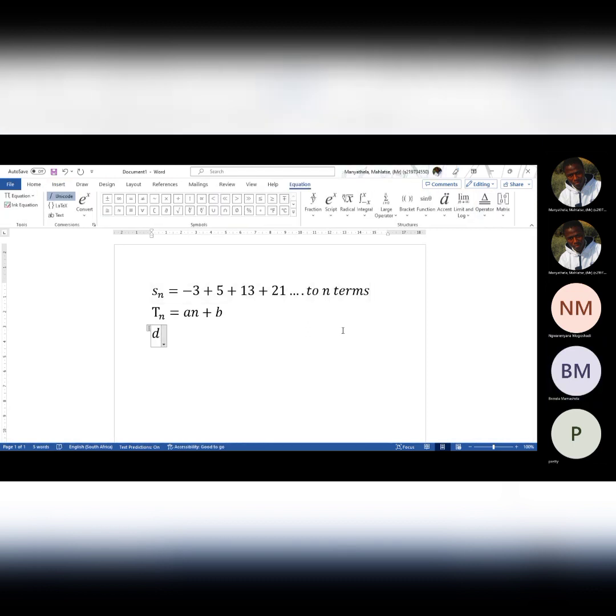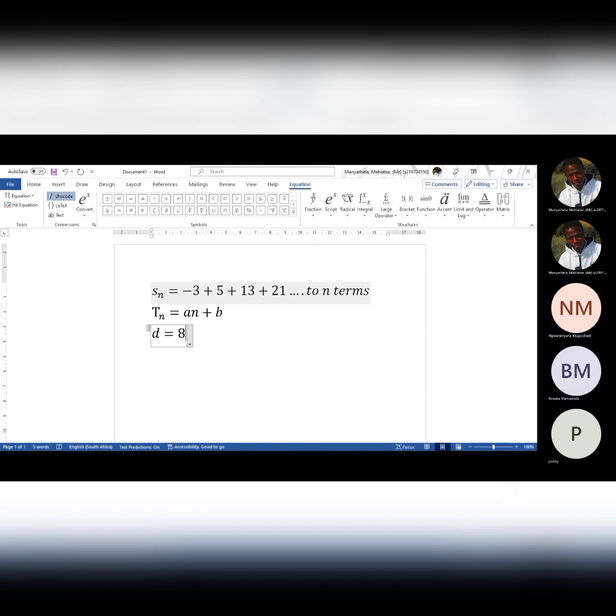It's an arithmetic series, so in an arithmetic series we look for a common difference. Let's get to it: 21 subtract 18 is 3... no, 8. Yes, 8 again. What is your difference? 8.